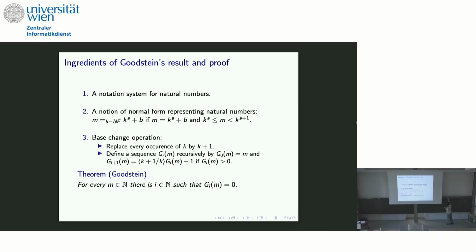So this is called the Goodstein sequence, and G0 is my natural number m. G1 of m becomes this element. G2 of m is now all the bases of the previous element changed to plus 1. So only the 3's change to 4.